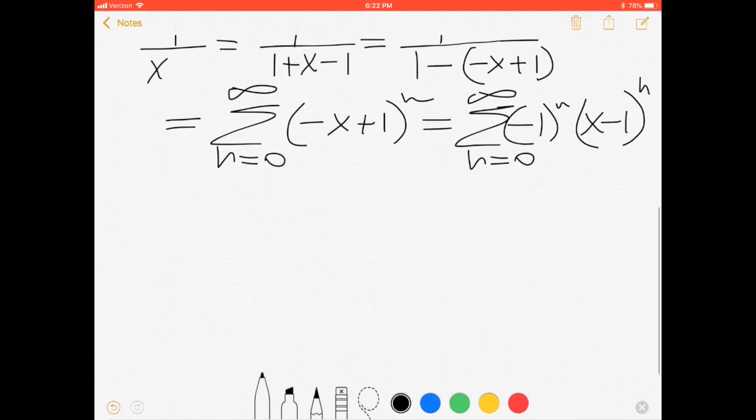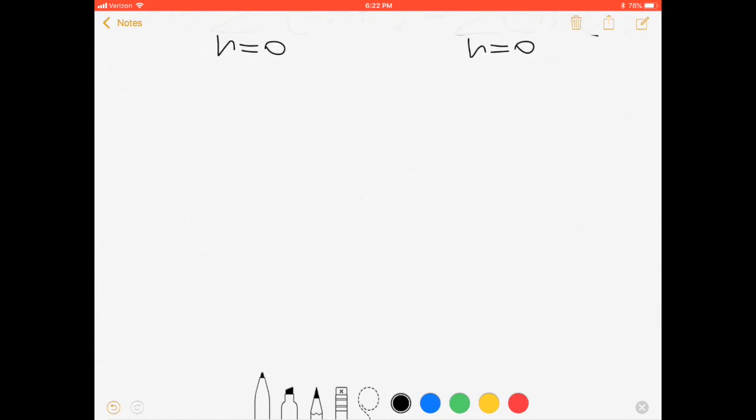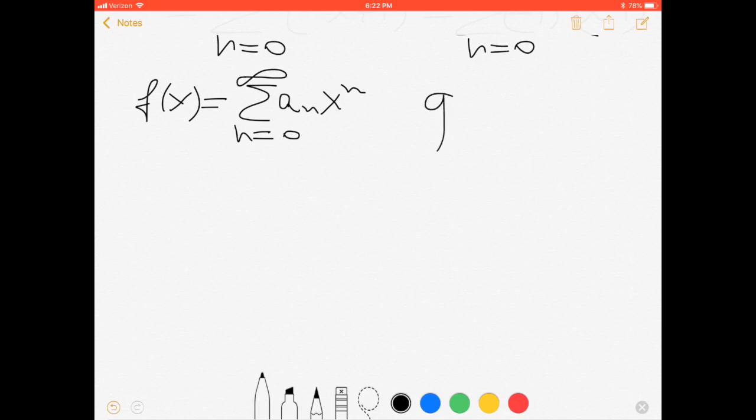Now we talk about operations with power series. We have two functions defined as power series. One function f(x) is the sum of a_n x to the power n, from 0 to infinity, and the second function g(x) has coefficients b_n x to the power n, from 0 to infinity.